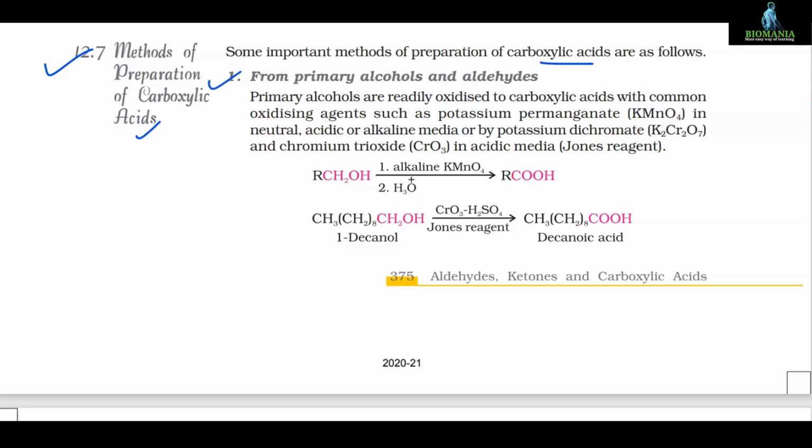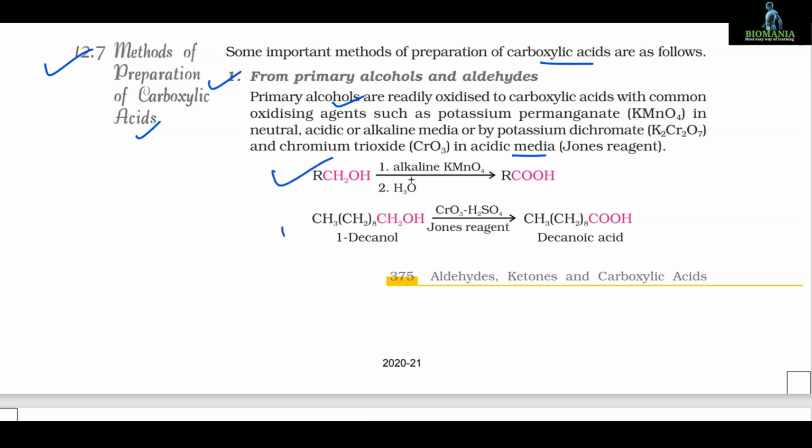Number 1. From primary alcohols and aldehydes. Primary alcohols are readily oxidized to carboxylic acids with common oxidizing agents such as potassium permanganate in neutral, acidic or alkaline medium, or by potassium dichromate, K2Cr2O7, and chromium trioxide, CrO3, in acidic media, which is also known as Jones reagent.